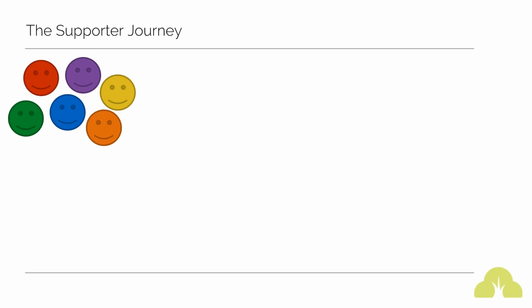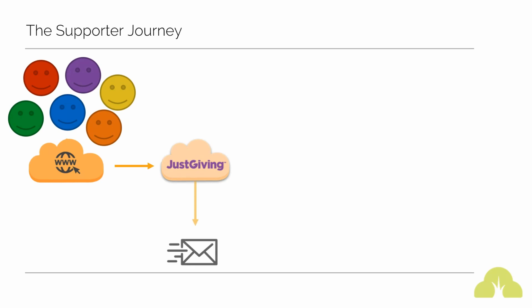So here's a quick summary of the supporter journey. Your fundraisers are engaging with their supporter base online, who in turn donate via JustGiving. JustGiving acknowledges these donations on your behalf through the communications that you've got set up there.